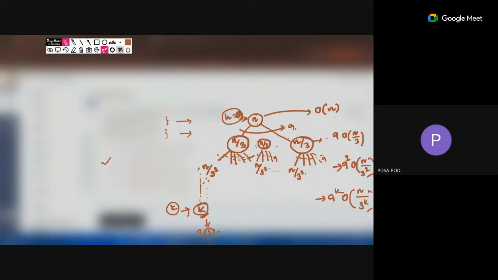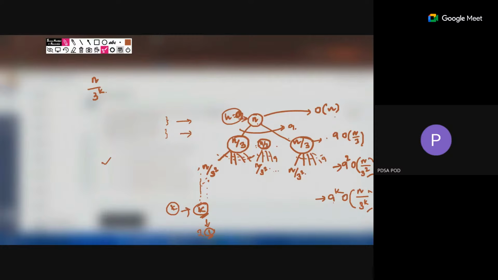At level k, let's say you are getting the size of the array as 1. What should be the size of the array? n by 3 to the power k. This n by 3 to the power k is coming from the size of the array, which is getting divided by 3 at every level.